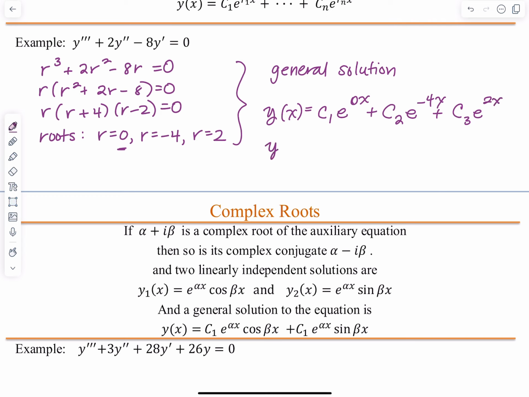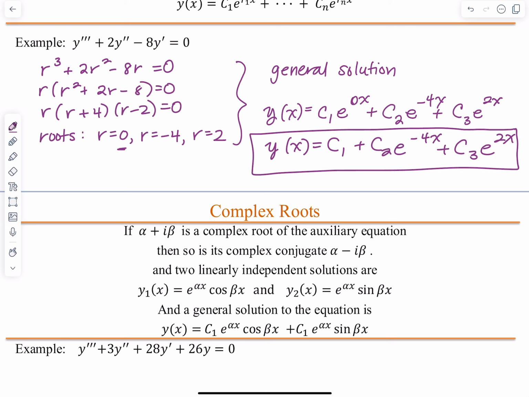So we have y of x equal to c1 plus c2 e to the negative 4x plus c3 e to the 2x.